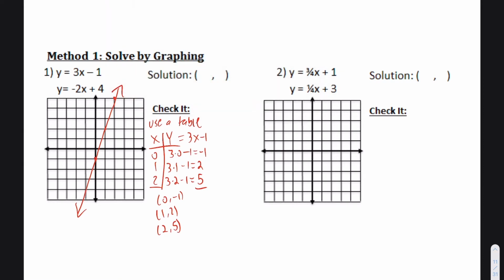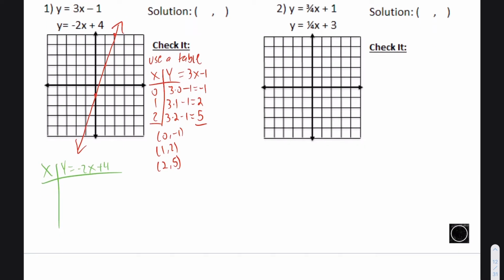And now let's make a table for the other equation. Zero, 1, and 2 are the easiest x's so far. Negative 2 times 0 plus 4 will be 4.